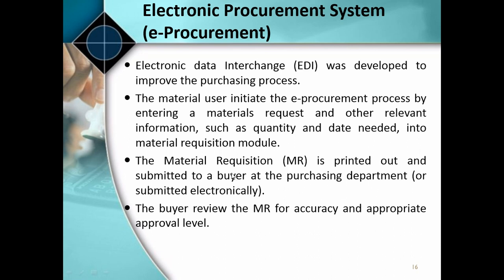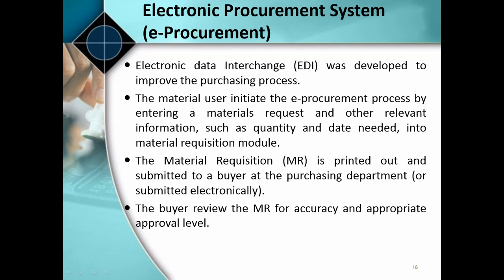Instead of korang tulis by hand satu-satu macam contoh yang sebelum ni saya tunjuk, korang just print out from the system and proceed to the purchasing department, ataupun korang boleh submit secara electronically je, boleh email ke apa.